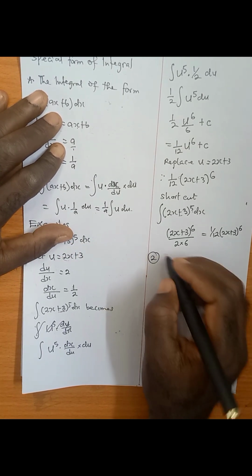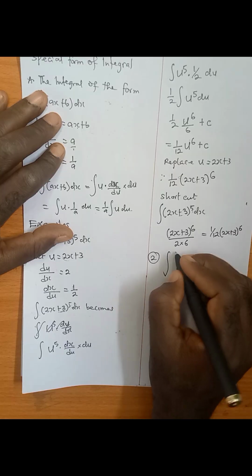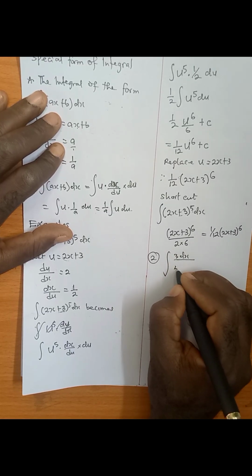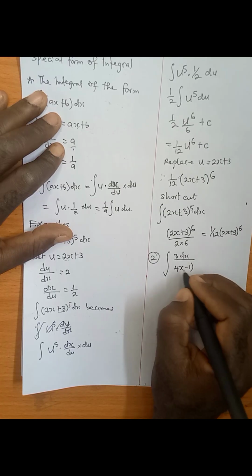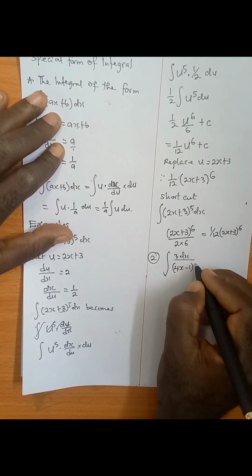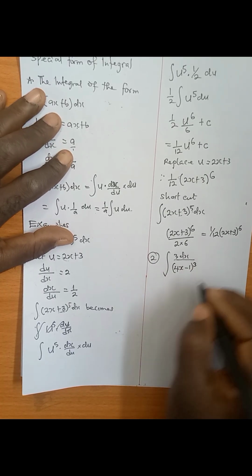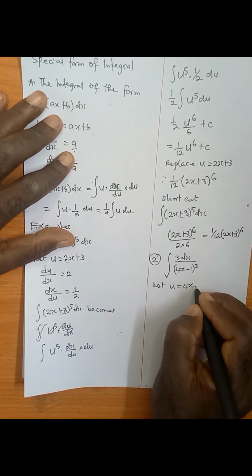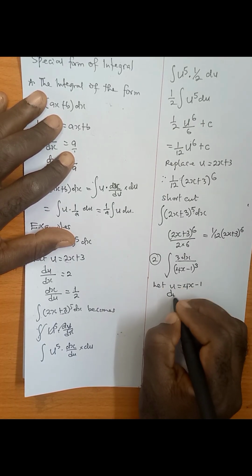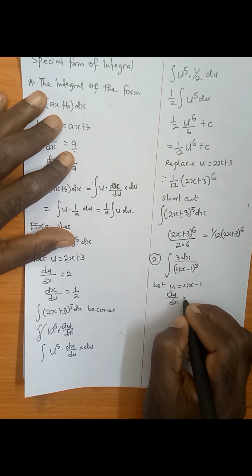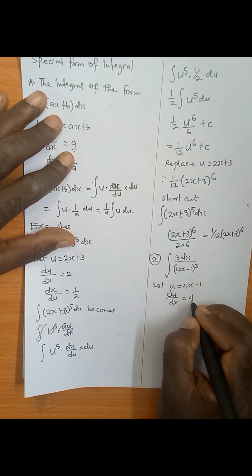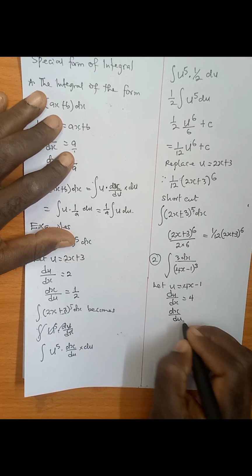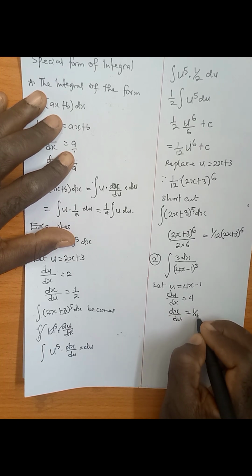Example 2. Here, we are given the integral of 3 dx over (4x minus 1) raised to power 3. Now follow the same procedure. Say let u be equal to 4x minus 1, then du/dx is equal to, when we differentiate this one, this will be 4. Then when we turn it upside down, we have dx/du is equal to 1 over 4.